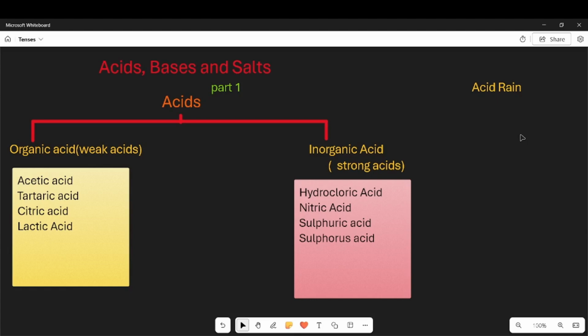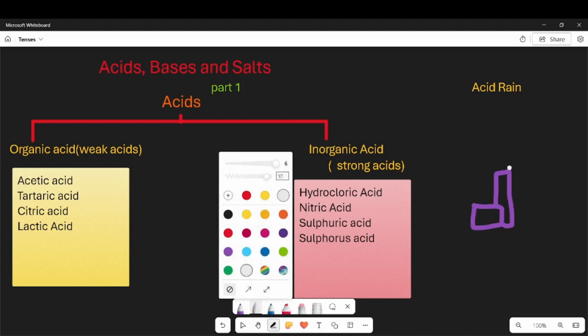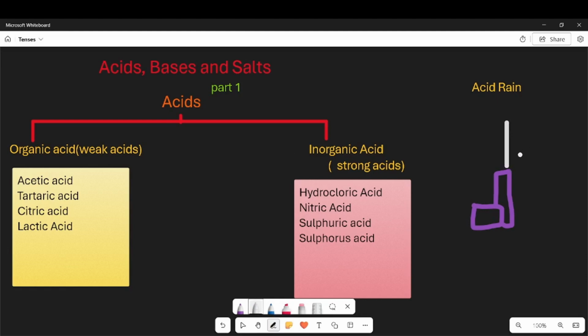So if we have a factory, and I'm not sure if I can draw a factory really quick. Okay, let's just say this is a factory and it's emitting a few acidic gases. That does not look like gas at all.